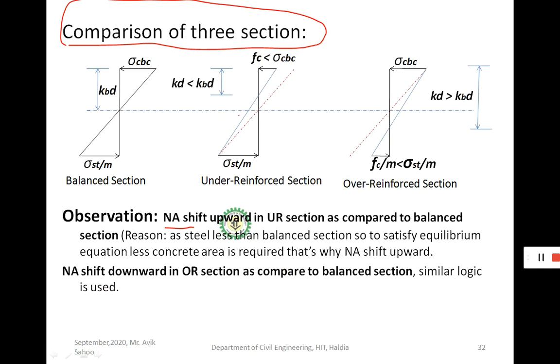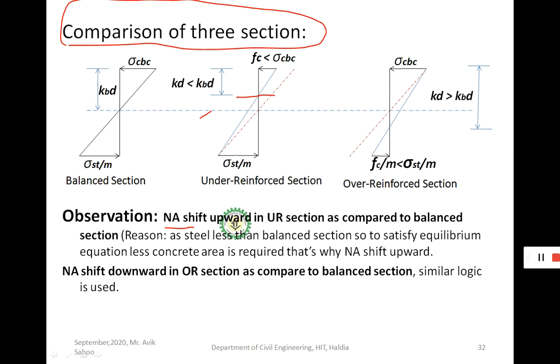The first important point that you have to note is that in the under-reinforced section, this is the neutral axis. The neutral axis shifts upward as compared to the balanced section. Why does the neutral axis shift upward? This is the actual and this is the balanced neutral axis, so it is shifted upward. Why?